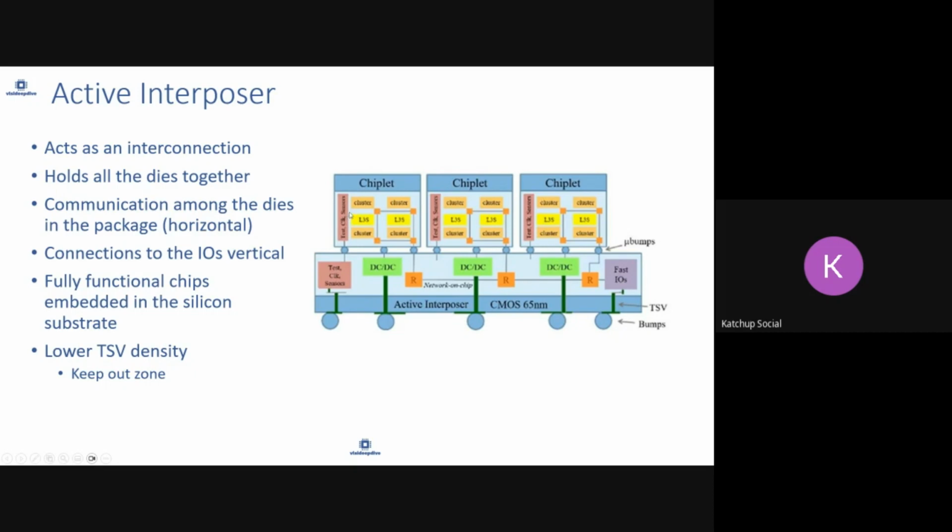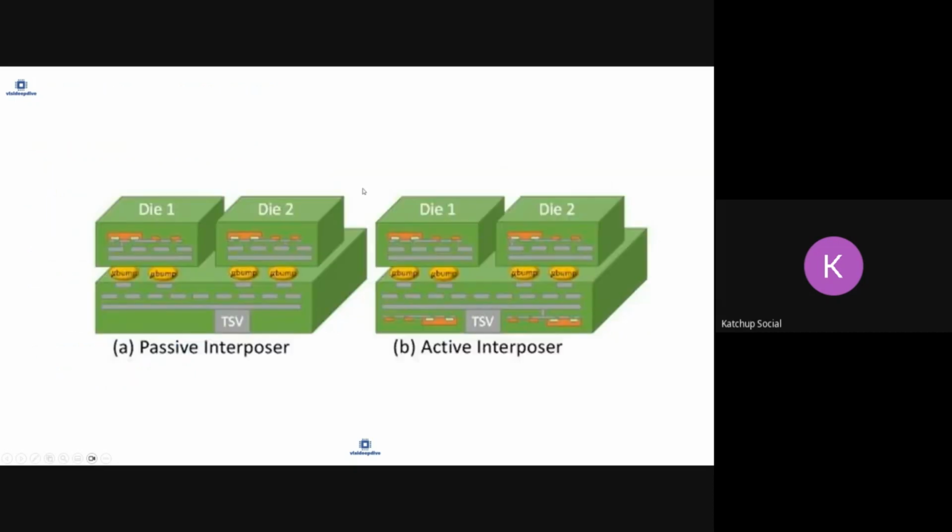So there are two kinds of interposers: passive and active. They both provide horizontal connectivity from one die to another and vertical connectivity through silicon wires. The main difference is that an active interposer will have microelectronic devices within the interposer or substrate, while a passive interposer will not.